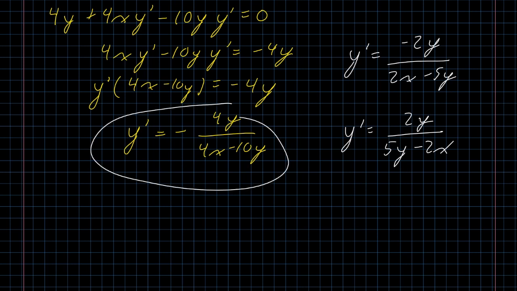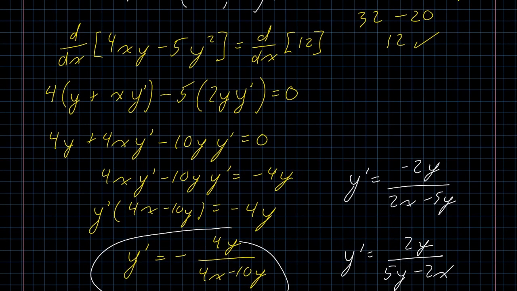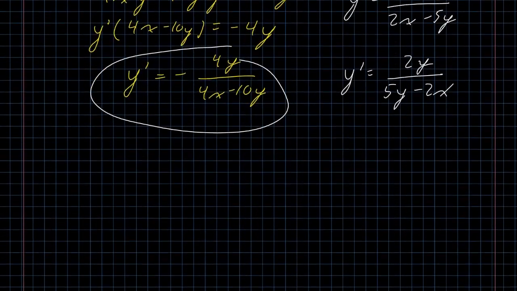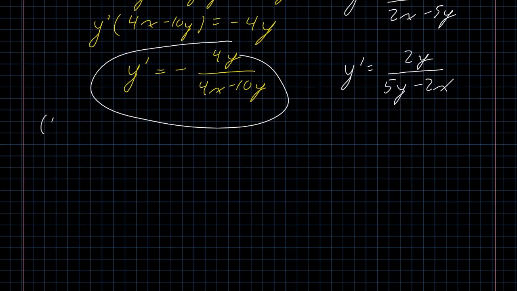But because we're not specifically asked for the derivative, we're asked to write the equation of a tangent line, I would probably have stopped there and just gone right to let's plug things in. Scrolling back up, remember we're looking for the equation of the tangent line at the point (4, 2). So plug in x equals 4 and y equals 2.